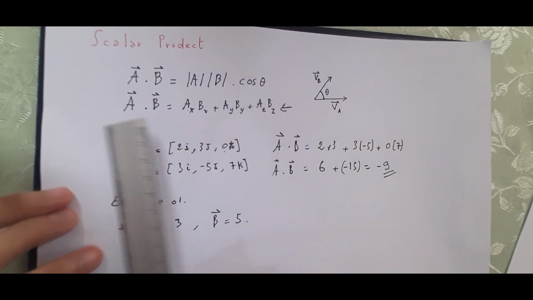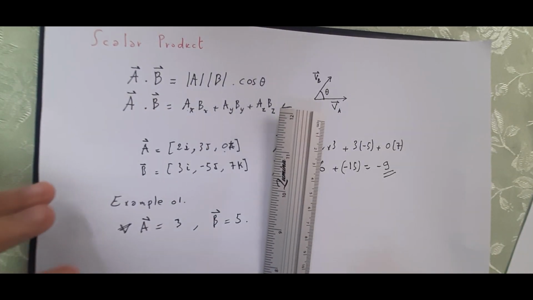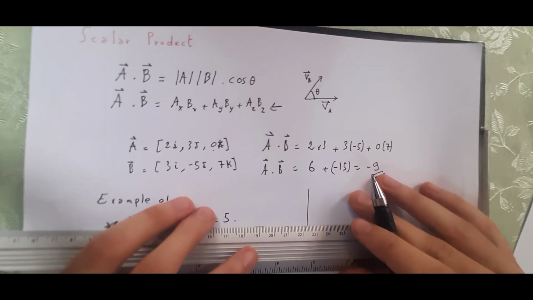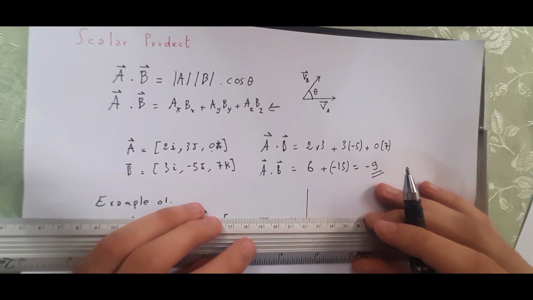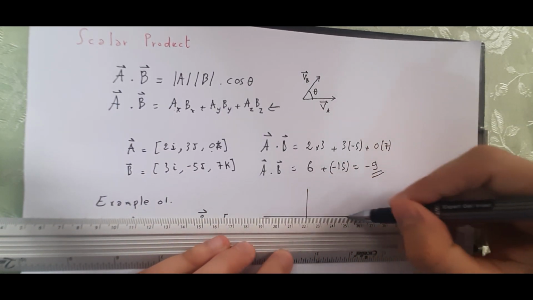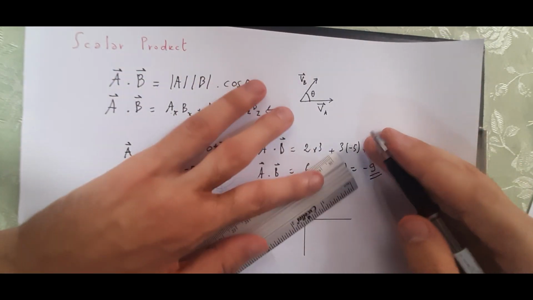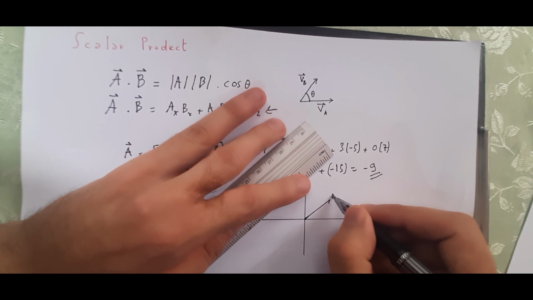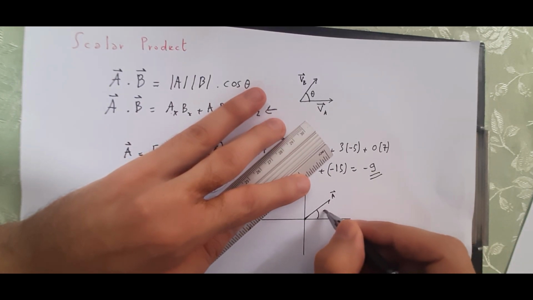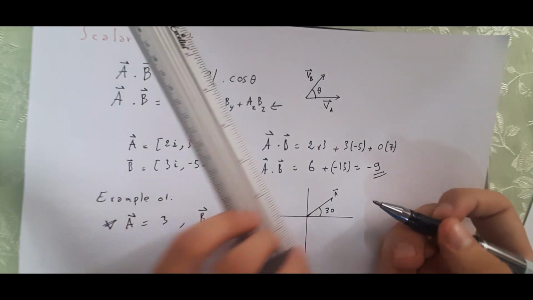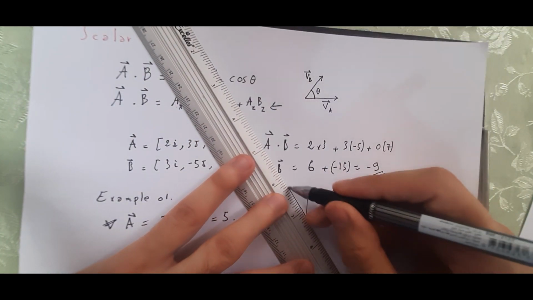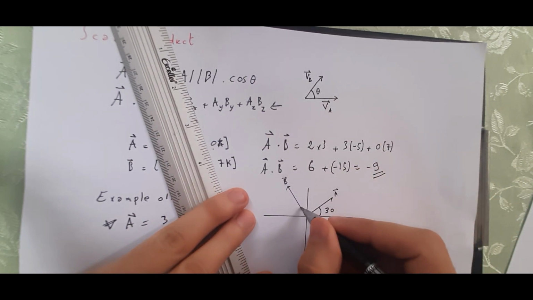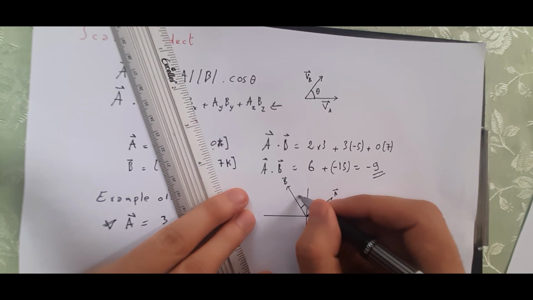And we have this drawing of vector A and B. Let's say this is the vector A, it has an angle of 30, and the vector B has an angle here of 30 as well.